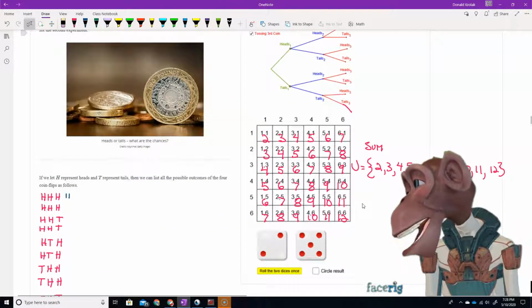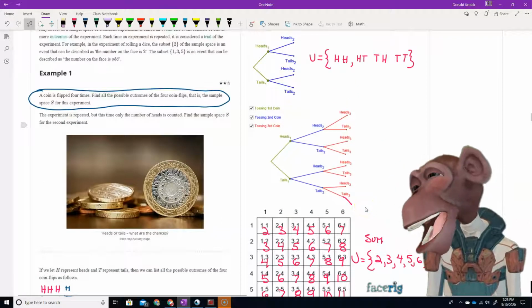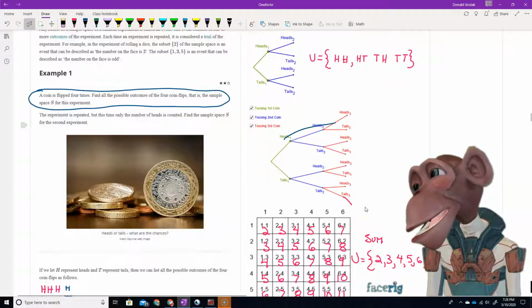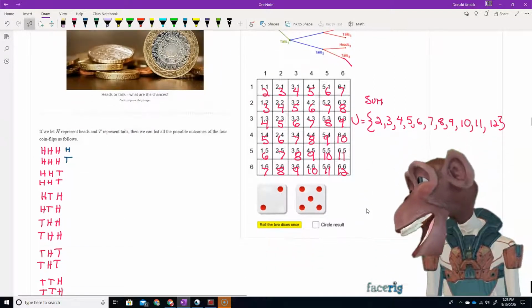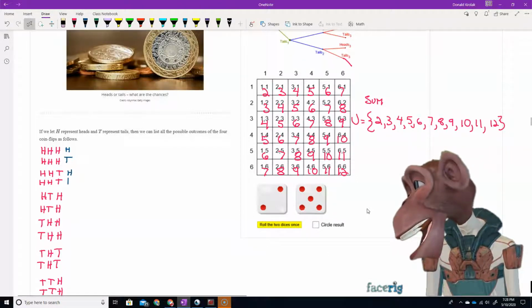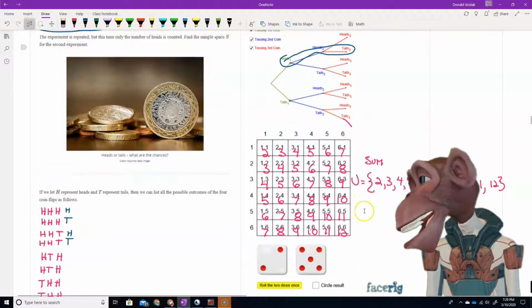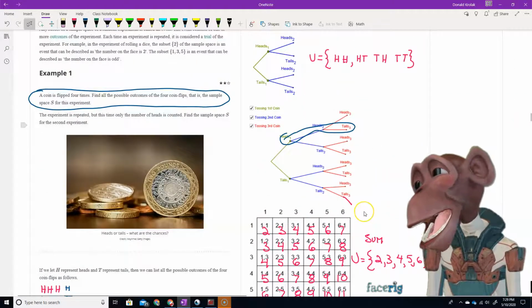So I could have a head here followed by a tail. My next possible outcomes would be 2 heads and a tail. So I wrote that twice, 2 heads and a tail, and then if I had a fourth coin, a head and a tail. And I did that for each one of these.